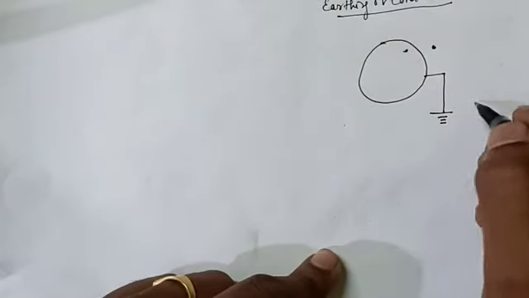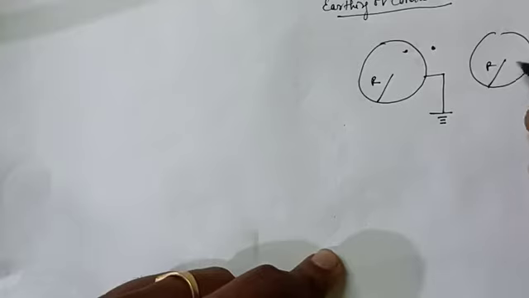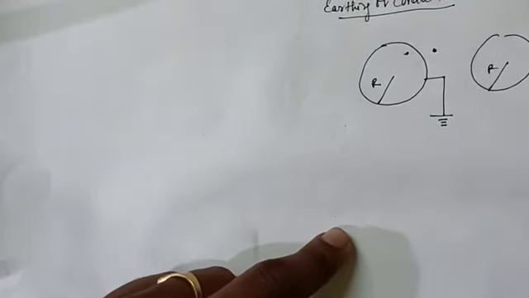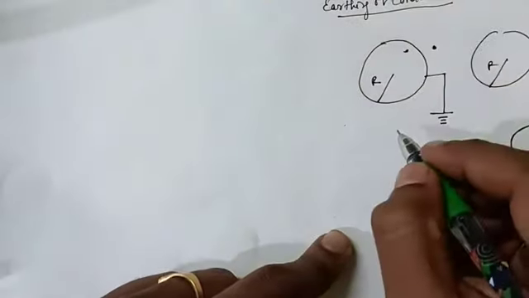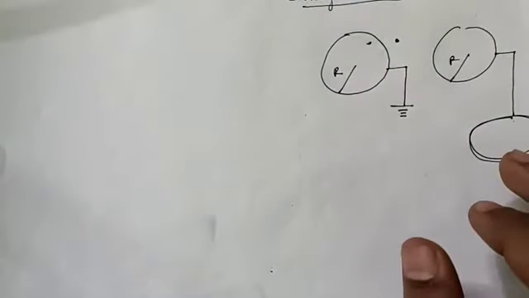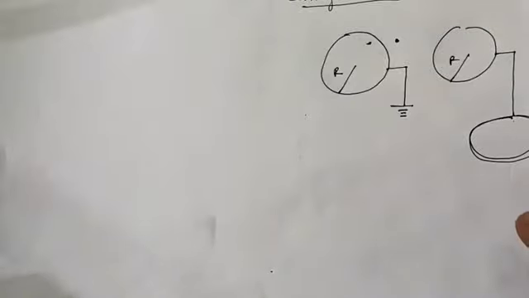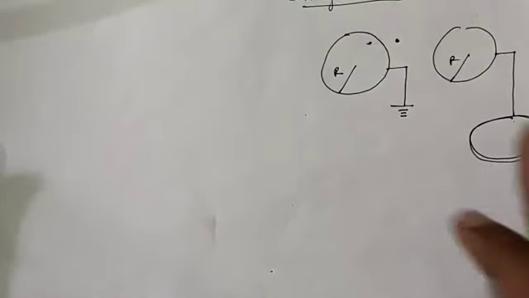Suppose this is an R-shaped conductor with radius R, connected to earth. When a conductor is connected to earth, the potential of the conductor becomes 0. This is one more major property of conductors. When a conductor is earthed, its potential remains 0.